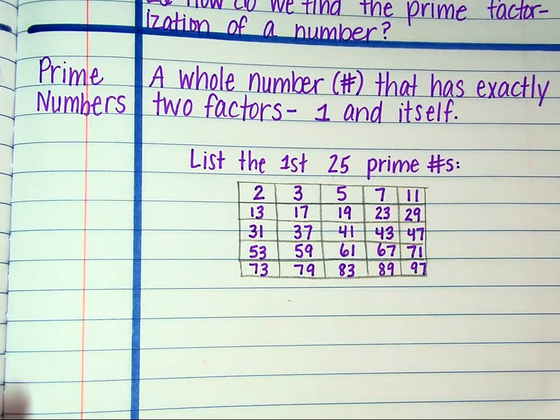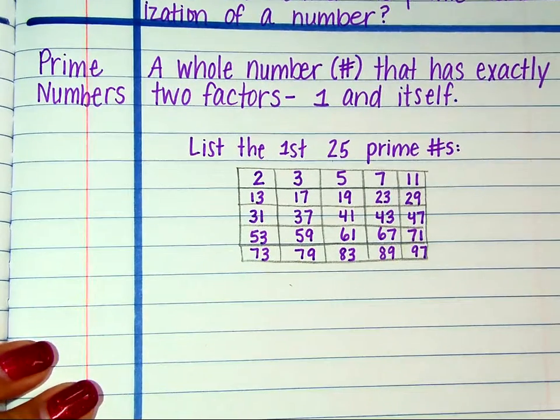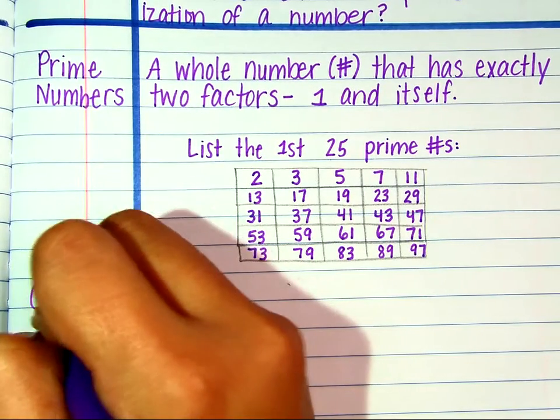Now we're going to look at the second type of number, which is composite numbers. I'm going to list that term out here.